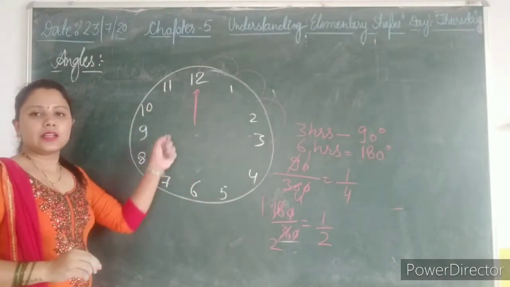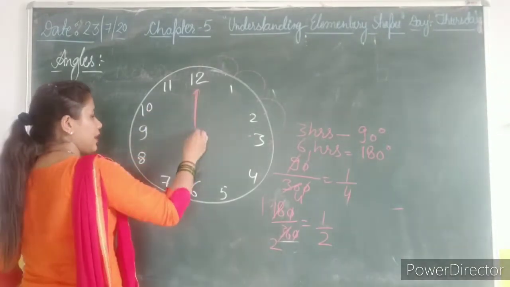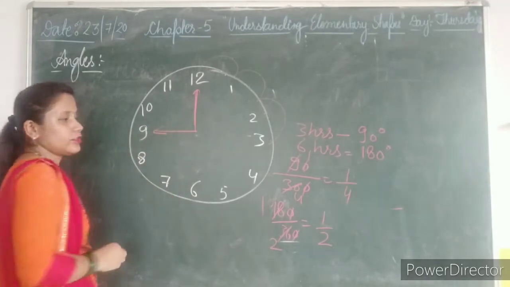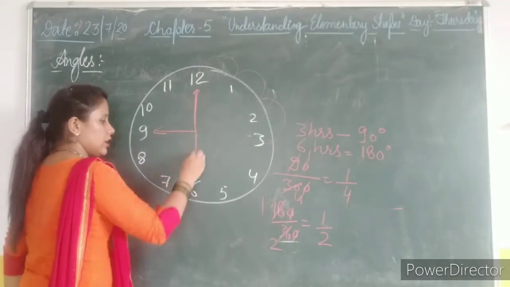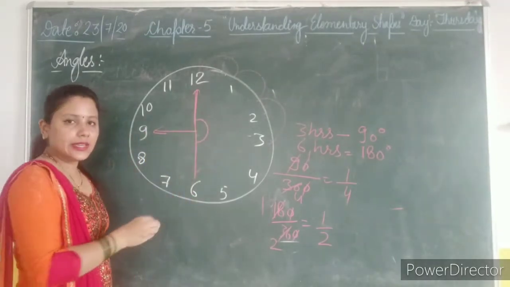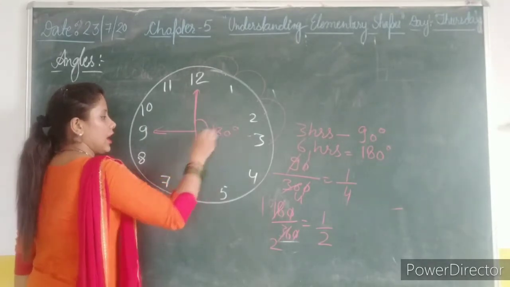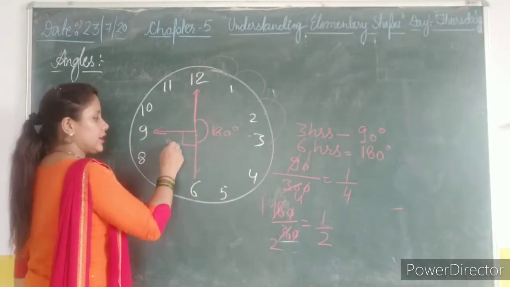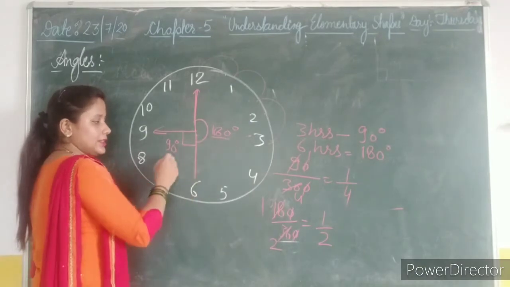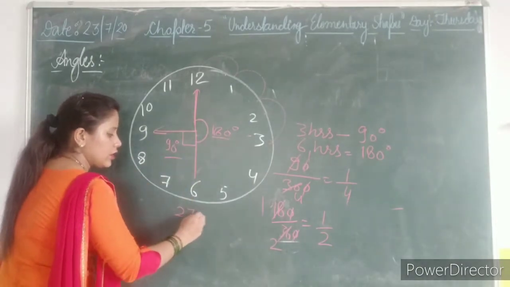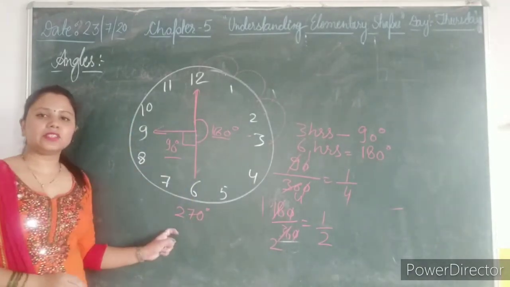When your needle started from 12 and reached at 9, it completed 180 degree angle and 90 degree angle. So 180 plus 90, that is your 270 degree.